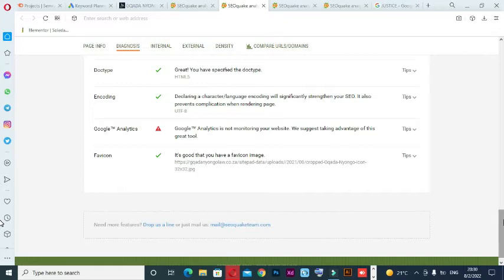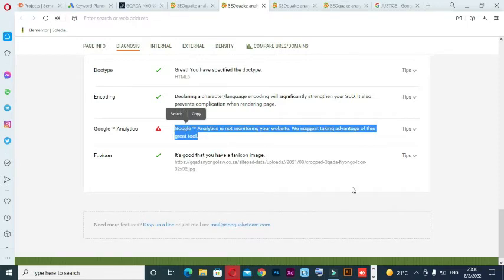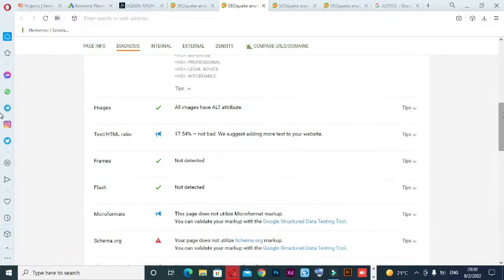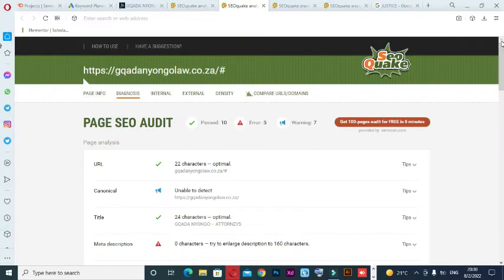Probably they have crawled it, but they also need to be notified and given the proper permission to constantly monitor your website. As you see here, SEO Quick has helped us detect that this Google platform is not monitoring the website. That being said, we'll come back to SEO Quick when we do competitor analysis.